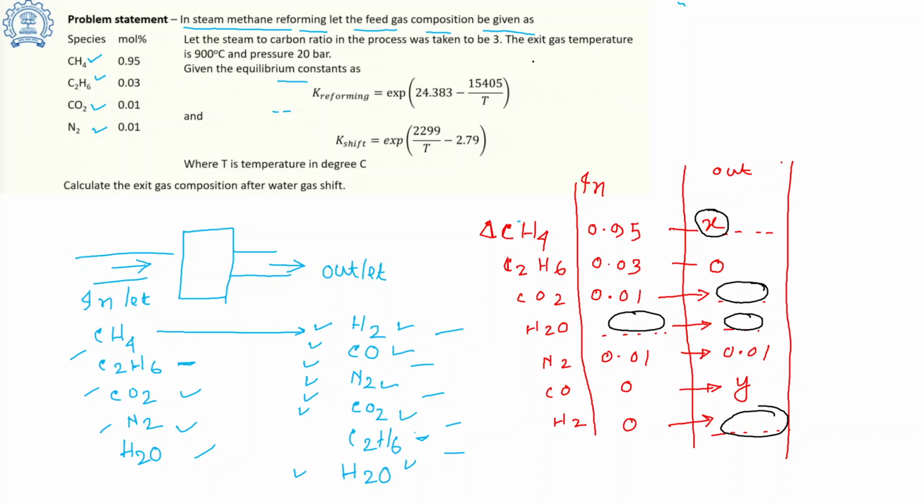So what is given in the numerical problem? It is given that the steam to carbon ratio is 3. That means H2O divided by carbon is 3.